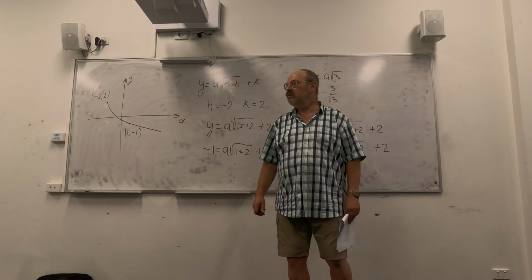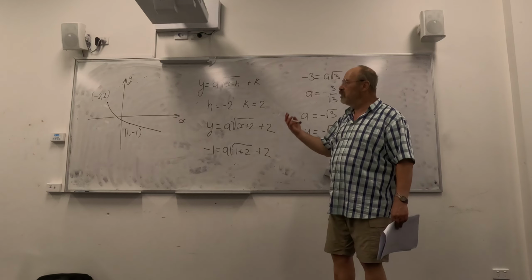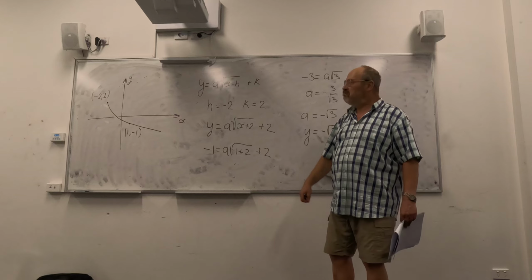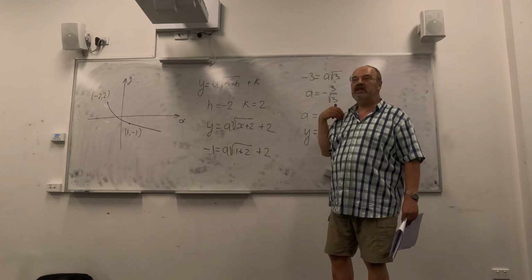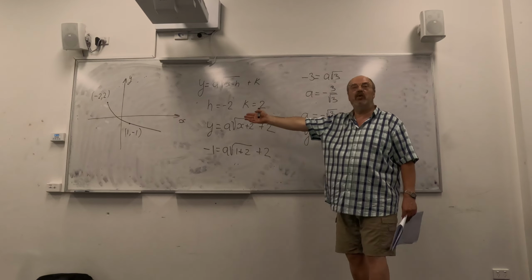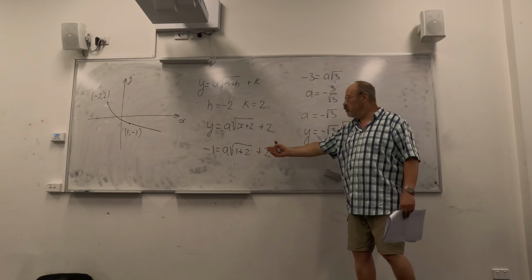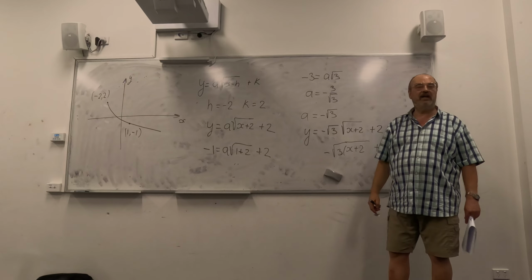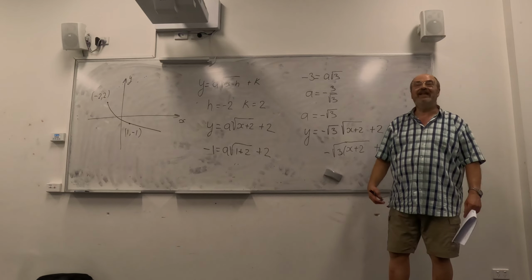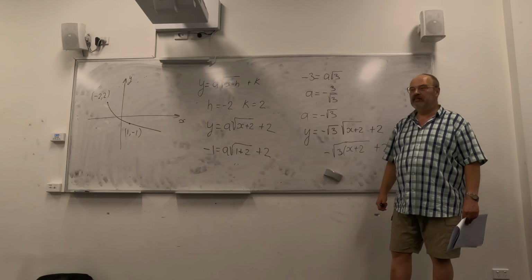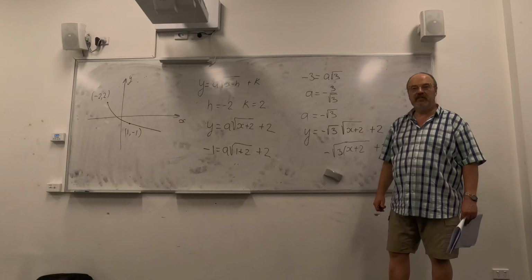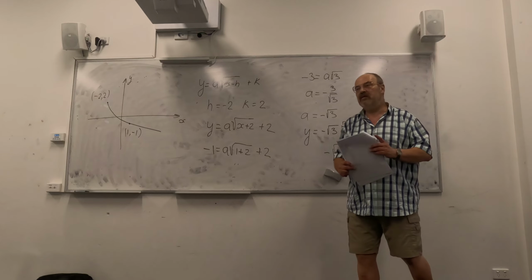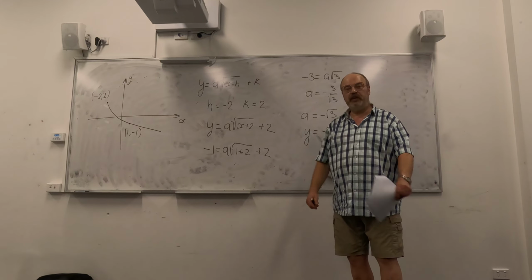After that, we will always have an extra point. It can be an x or y-intercept, or just some random point, like in this example. We substitute it in our rule and find the remaining dilation factor. Make sense? Okay, that's the last bit of this topic.